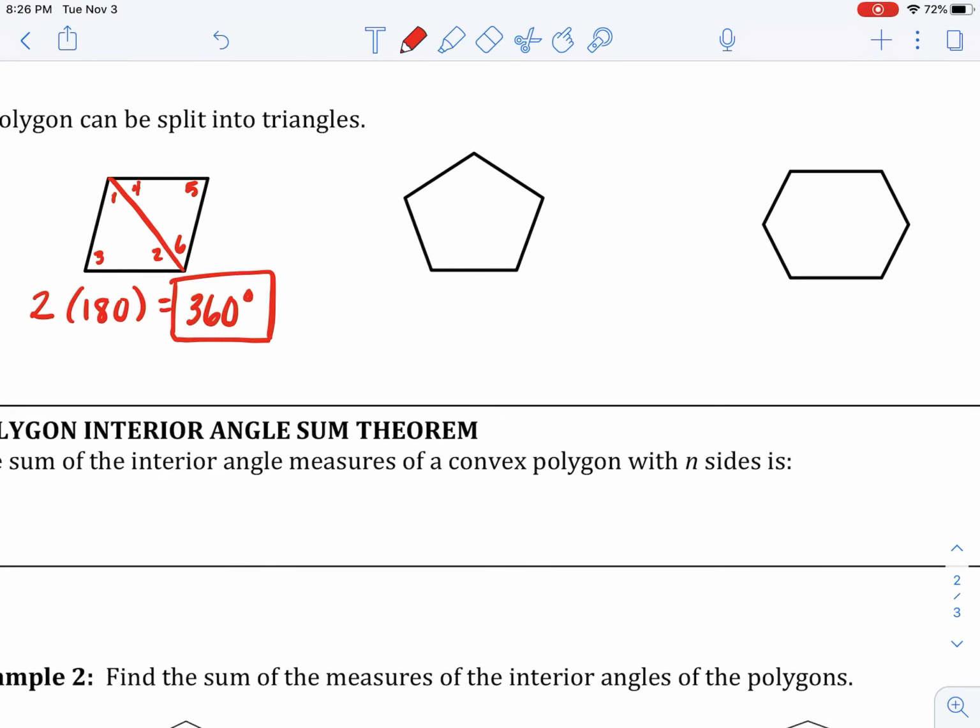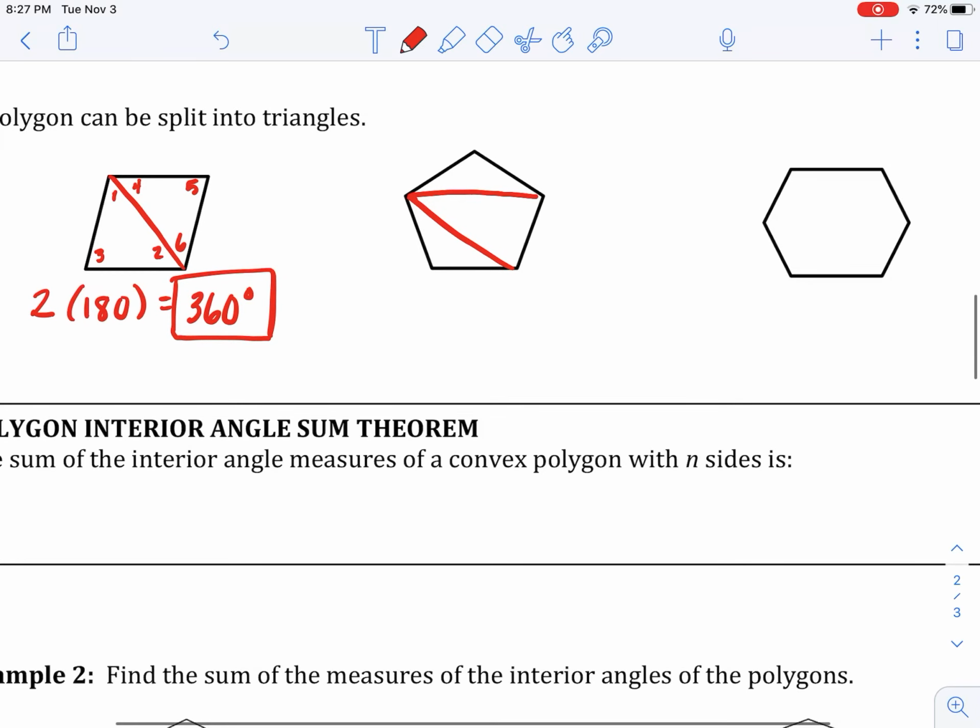a pentagon. So let's do the same thing. Let's split it into triangles, but making sure that every time we do that, the inside angles of the triangle end up at the corners of our pentagon. And so if we split it into 3 triangles like that, all of the angles, again, are going to be at the interior angle position of the polygon. The way you can make sure that happens is pick one vertex.